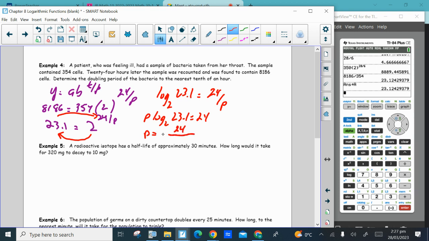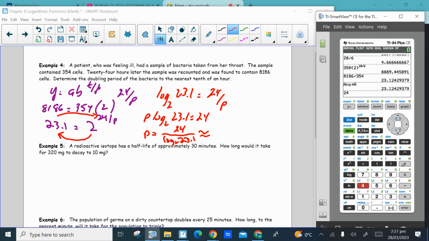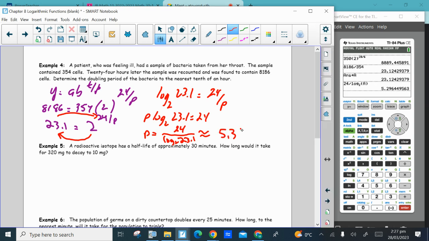So it'll be 24 divided by log base 2 of our 23.1 decimal that we have stored into memory slot A. So it's 24 divided by, again, I'm going to get my log function here, log base 2 of the value I put in memory slot A. So approximately 5.3 hours to the nearest tenth of an hour. That is the doubling period. Right? The value of P, the growth period.